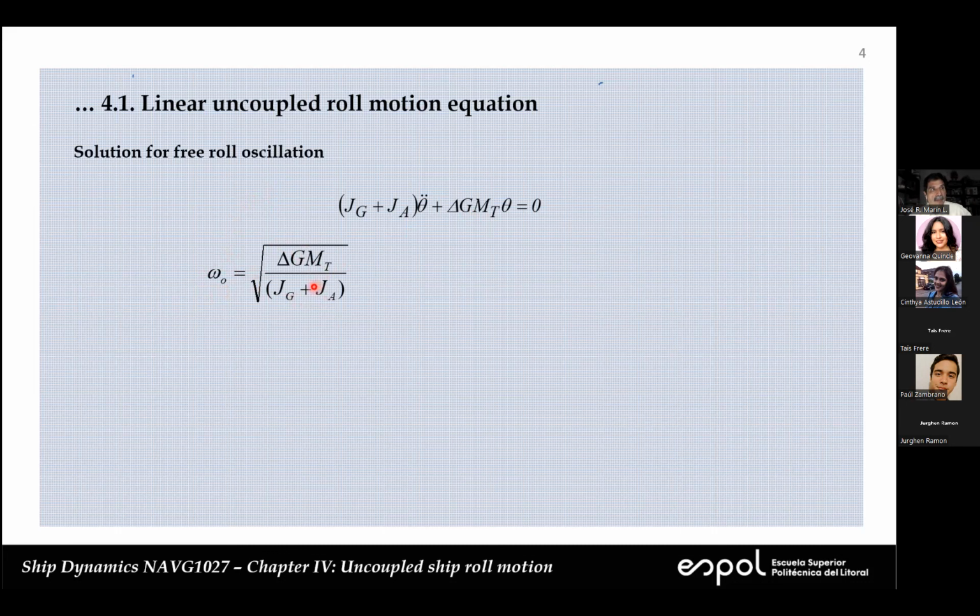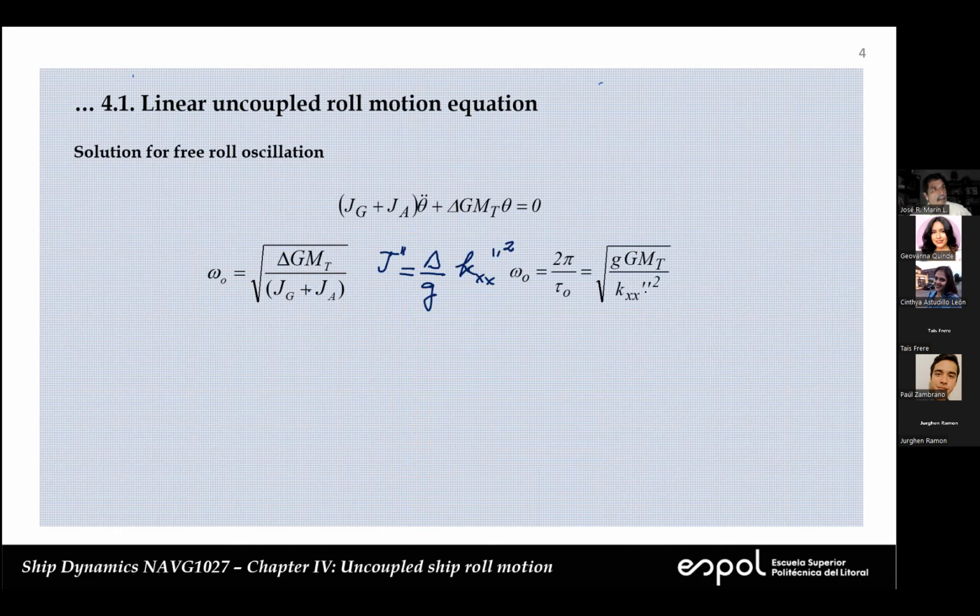And this virtual inertia, remember that we can express in terms of, so this J double prime could be expressed as mass times KXX squared. So we're going to have this in the denominator, which is going to cancel this delta. And this is the result.